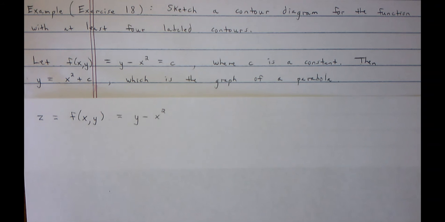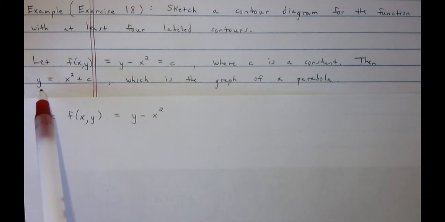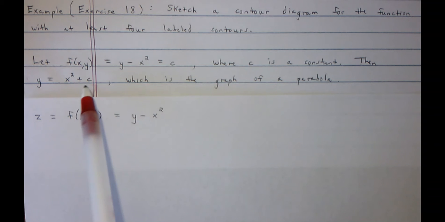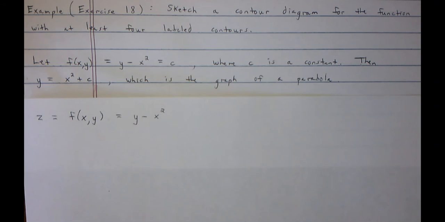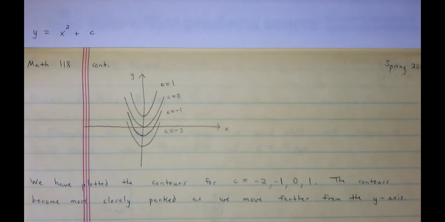So what you do is you set your function f of x, y, in this case y minus x squared, equal to c, where c is a constant. And if we do a bit of rearranging, we get y equals x squared plus c. And of course, this is the graph of a parabola.